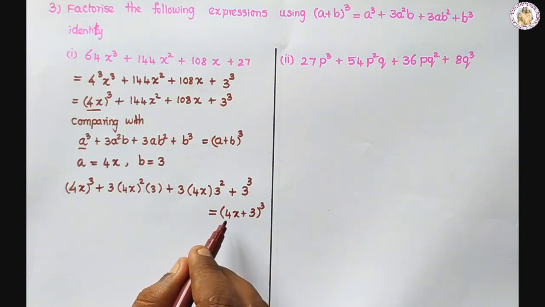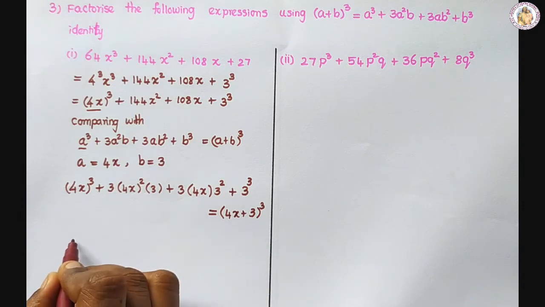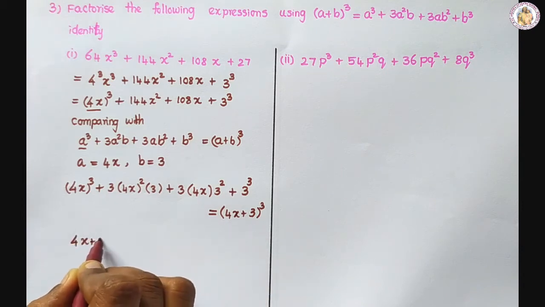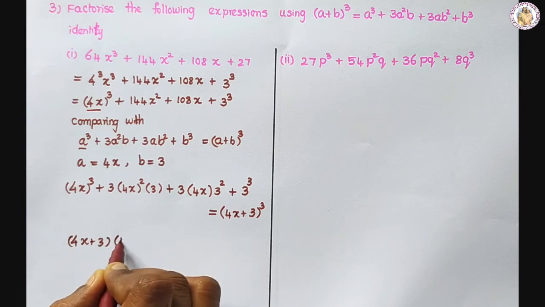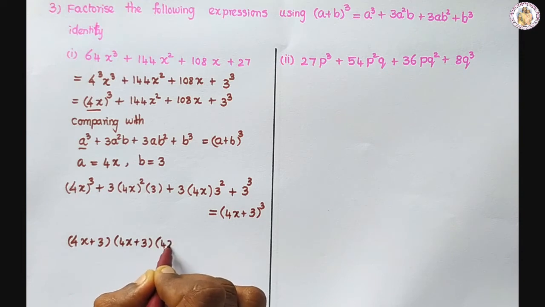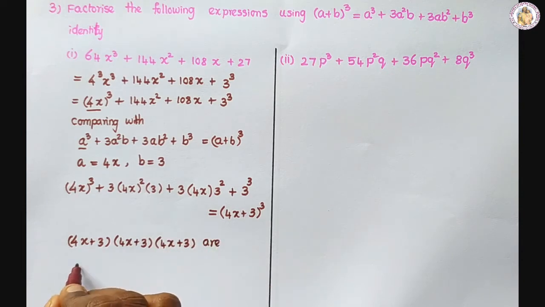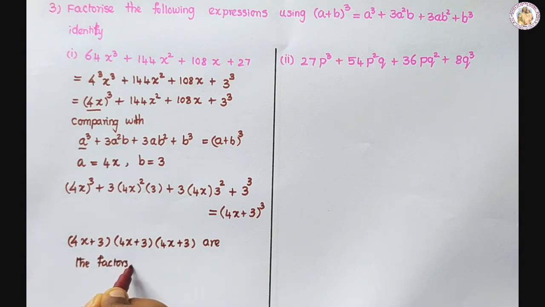So that is 4x plus 3 whole cube. 4x plus 3 into 4x plus 3 into 4x plus 3 are the factors. That is the answer.